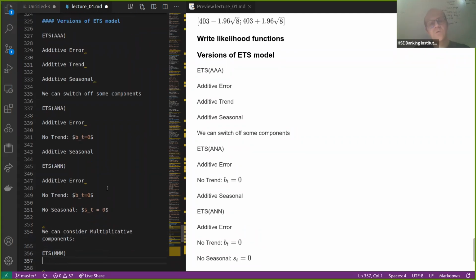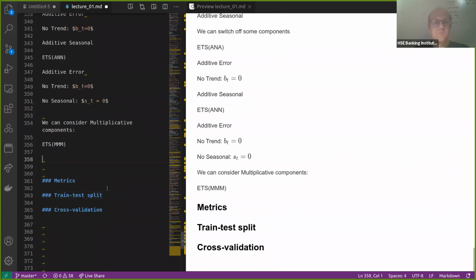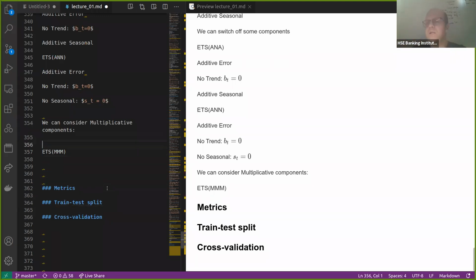I will not write all the equations. You can just find them in Hyndman's book. I have links provided in the beginning, but I will just write one equation to compare.